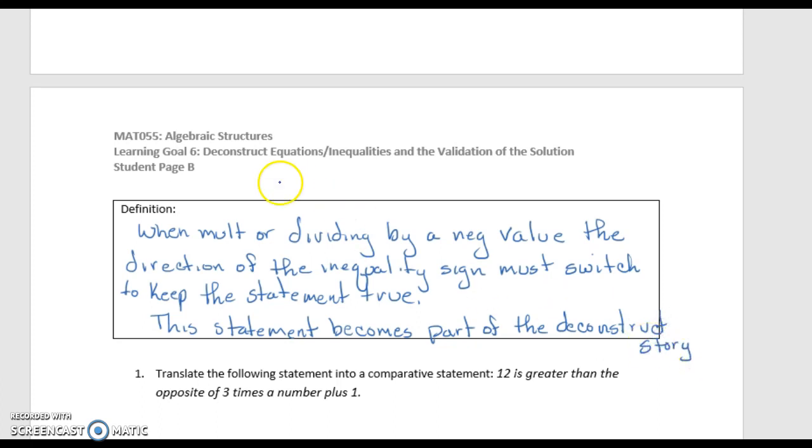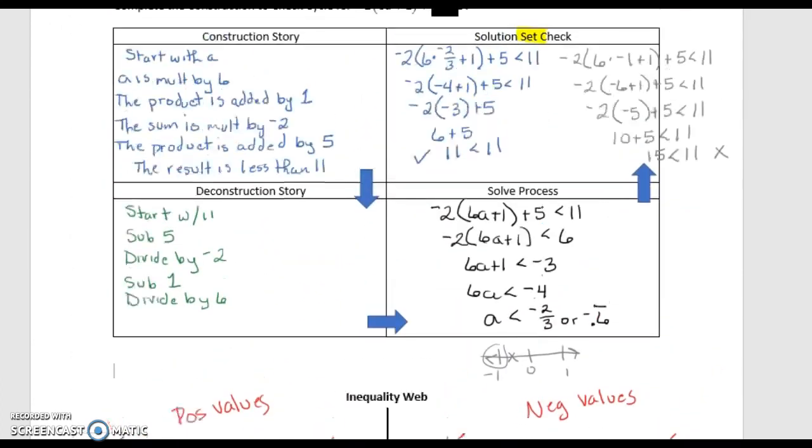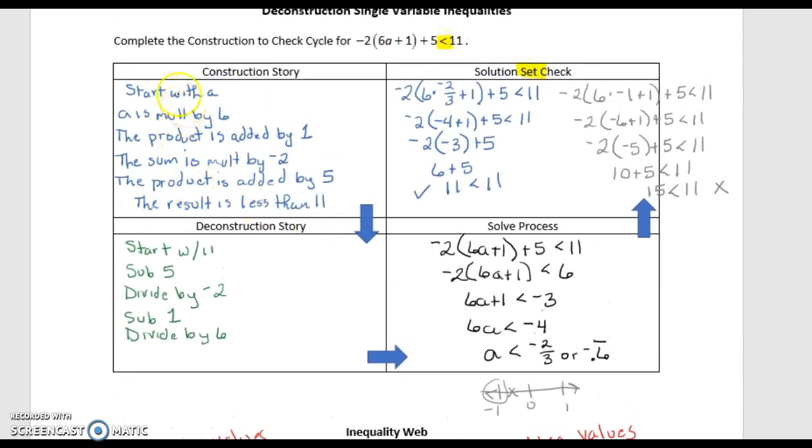So in other words, if we go back to the very beginning, the problem we had initially, we will see that in our deconstruct story, we are dividing by a negative number. And so in that moment, we also need to say divide by negative 2 and change the direction of the inequality.